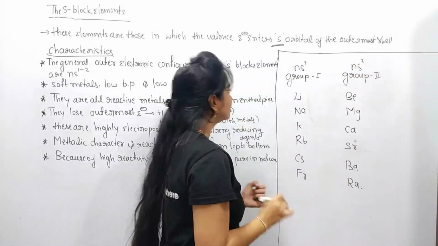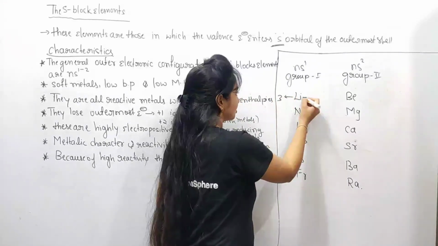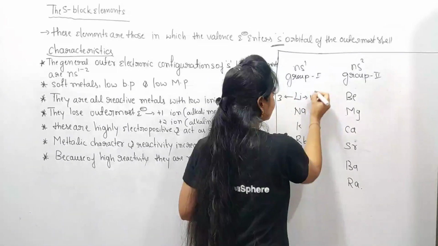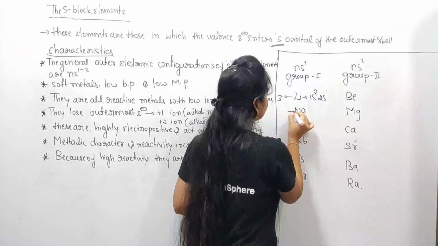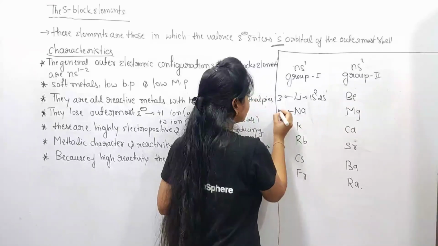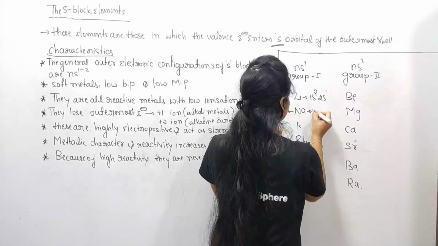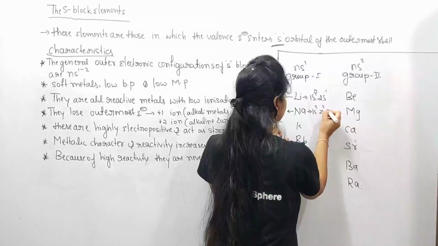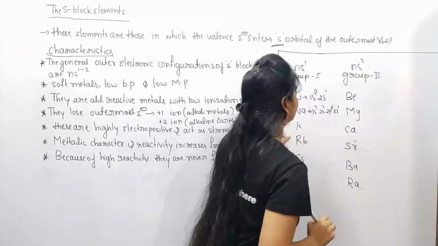Just observe here, the atomic number of lithium is 3. So I write the electronic configuration 1s2, 2s1, and the atomic number of sodium is 11. I write the electronic configuration 1s2, 2s2, 2p6 and 3s1.